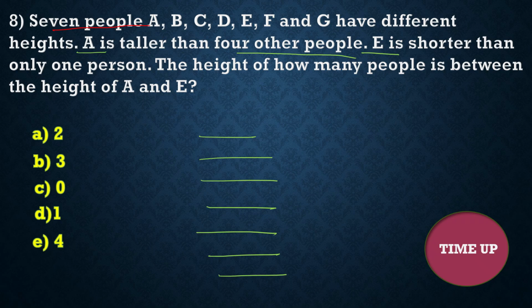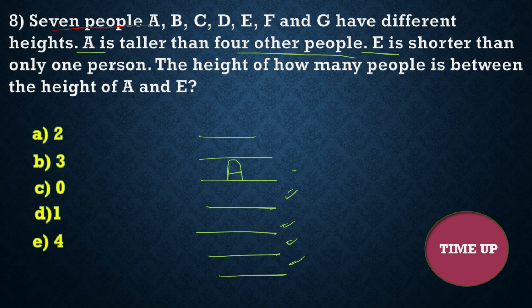If I place A here, then A will be taller than 1, 2, 3, 4, 5. So I can't place A on the second place. I should place A on the third place so that A is taller than 4 other people satisfies. 1, 2, 3, 4. Correct?